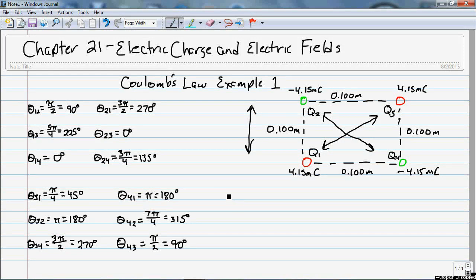So for the force of charge 1 due to charge 2, that's just going to equal our constant k times the absolute value of q1 times q2 over the distance r12 squared.